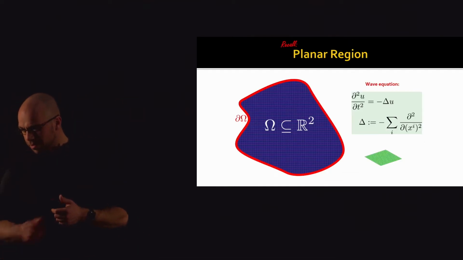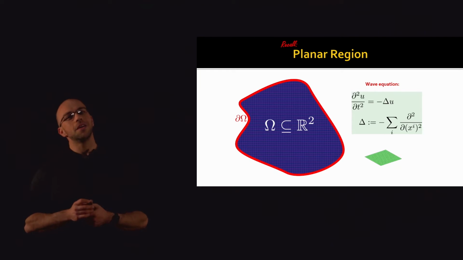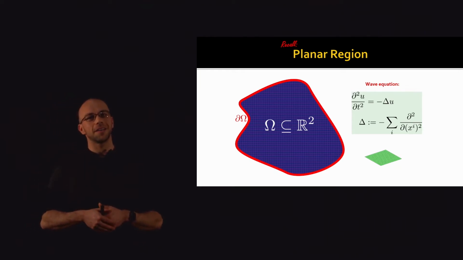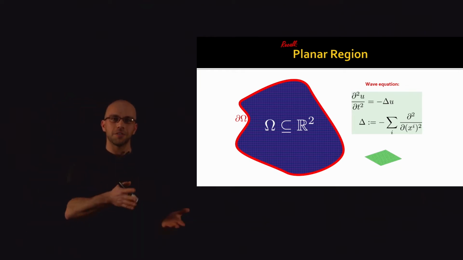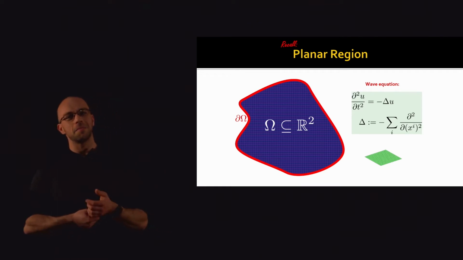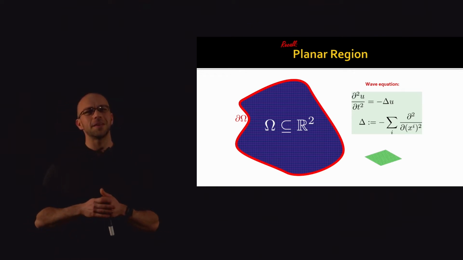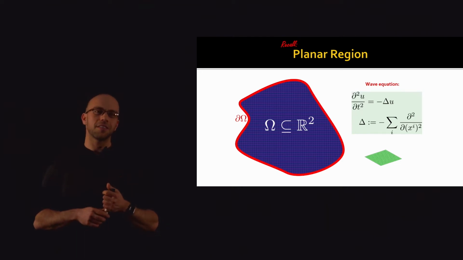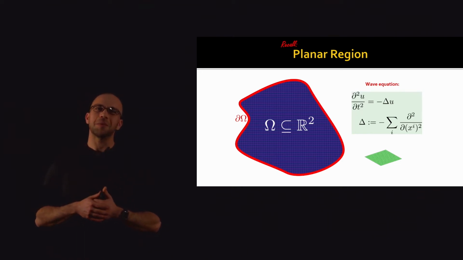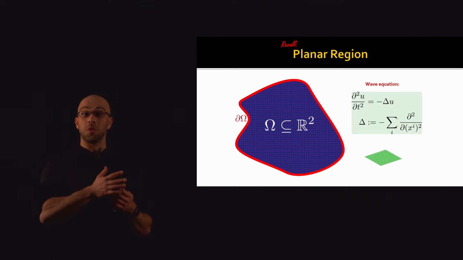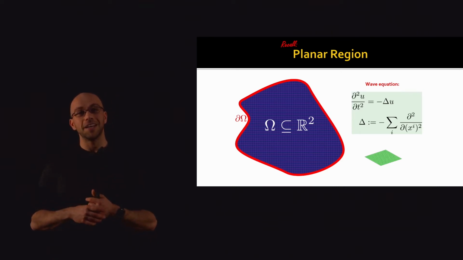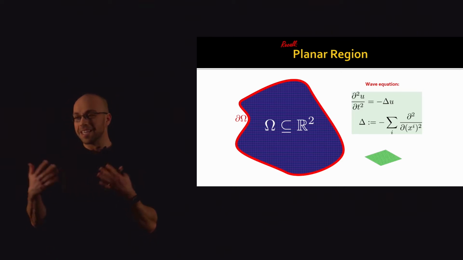So, it's just a tiny bit of review. Of course, we talked about the basic Laplacian operator on Euclidean space as minus the sum of second derivative operators. And this was useful, for example, for answering the question of whether you can hear the shape of a drum, which has to do with the wave equation, like what I've shown you on the screen here. The Laplacian shows up in the heat equation.